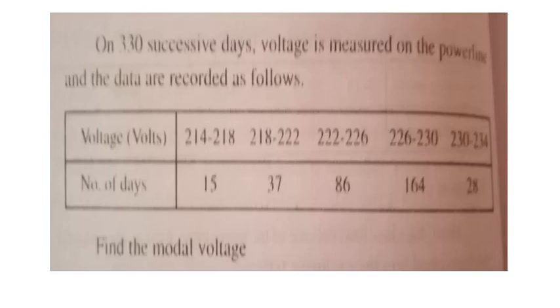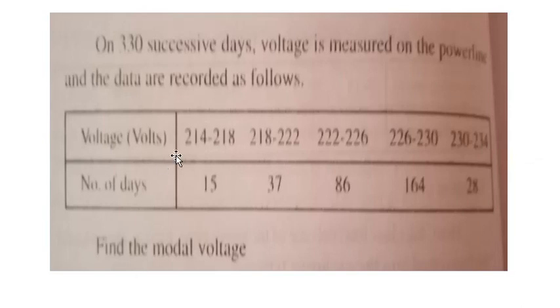If you see here, there are two data here, voltage and number of days. Now voltage also, the numbers are in continuous form, 214 to 218, next is 218 to 222, again the next begins with 222 to 226, like that it goes on.